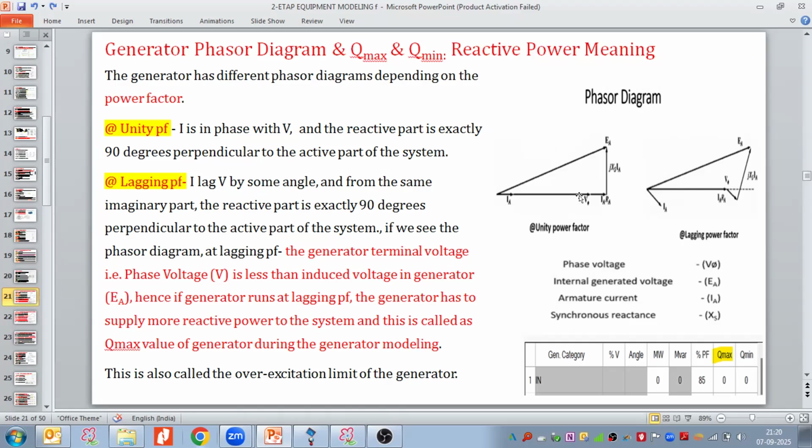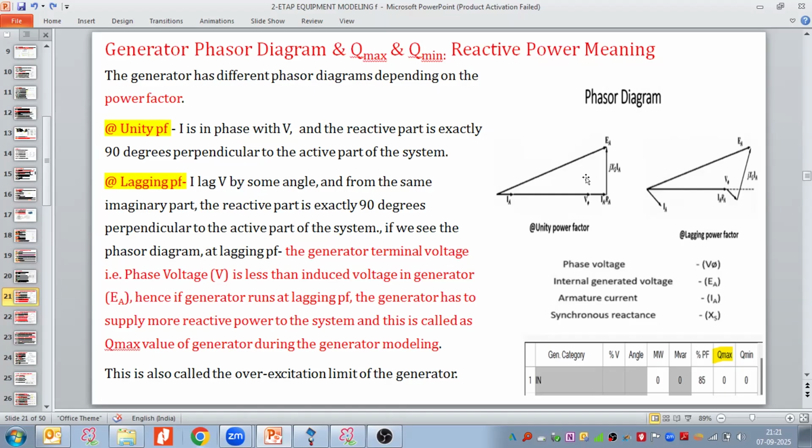This is one case, when we have the unity power factor. And EA is my internal generator voltage, the summation of the active and reactive parts.